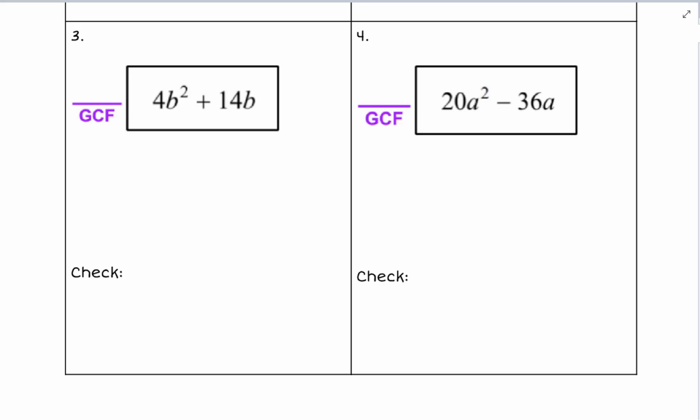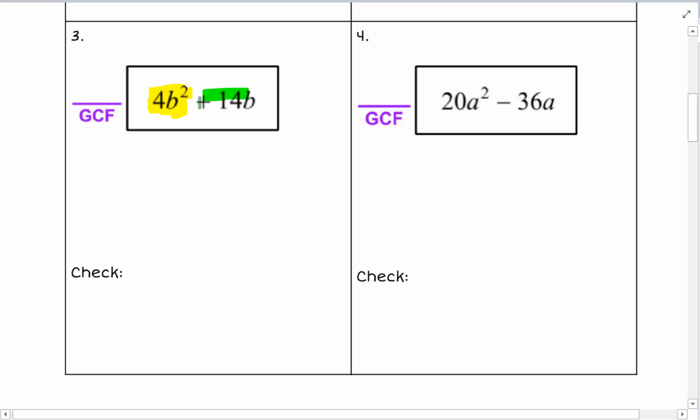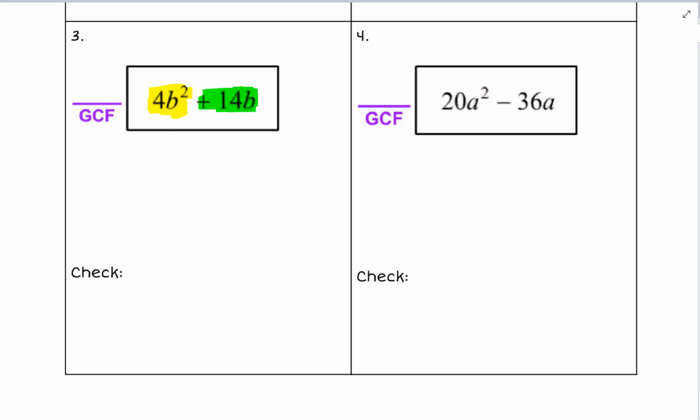First thing I'm going to check is, do they have a variable in common? Ooh, this term, 4b squared, has a b times b, and this term, 14b, has a b to the 1. If I were to expand those, I would get 4 times b times b and 14 times b, just expanding the variable portion.